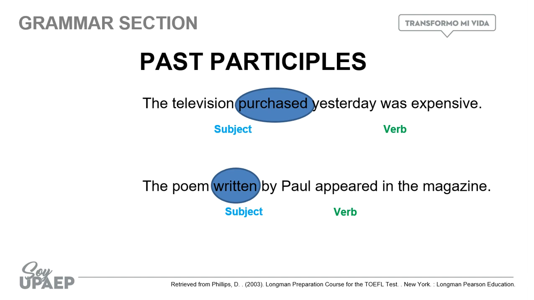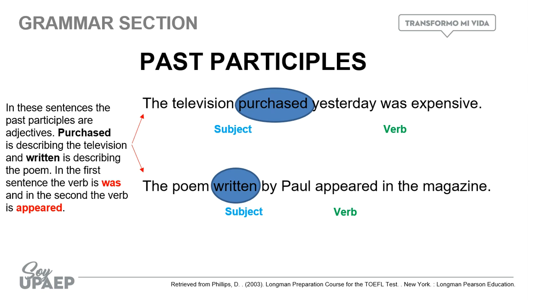Okay, so let's review. In this case, the past participles are working as adjectives. Purchased is describing television. Written is describing the poem, right? They cannot be verbs because we already have verbs. In the first case, the verb is was, and in the second case, the verb is appeared.